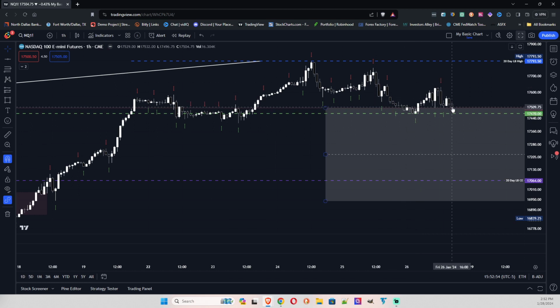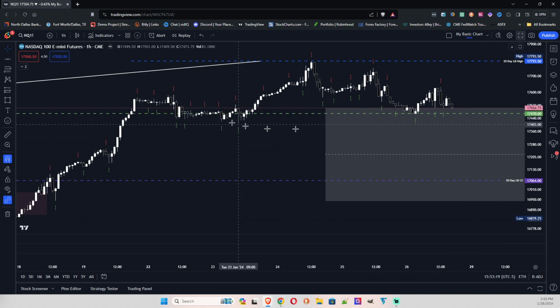So the thing is, are we going to hold this level this week, or are we going to start working on this major measured move, possibly head back down to this 50% of our 20-day look back?